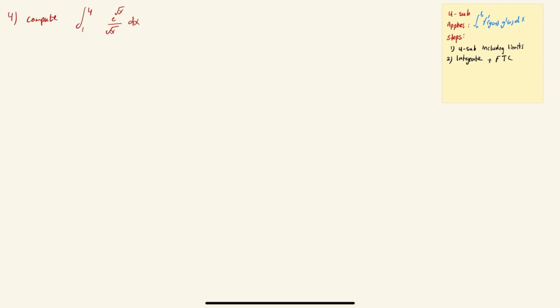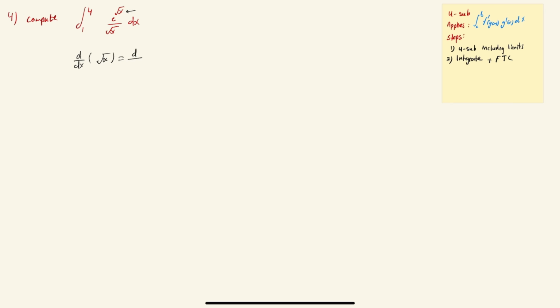Part 4. Compute the definite integral from 1 to 4 of e to the square root of x over the square root of x dx. Here we cannot integrate this function right away, so let's check if substitution applies. I'm going to take the square root of x and take the derivative of that.